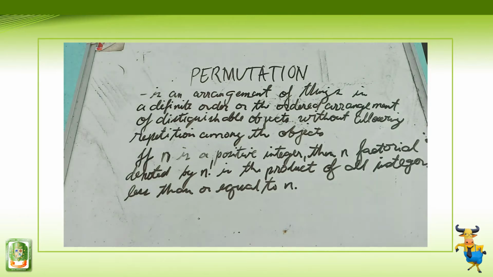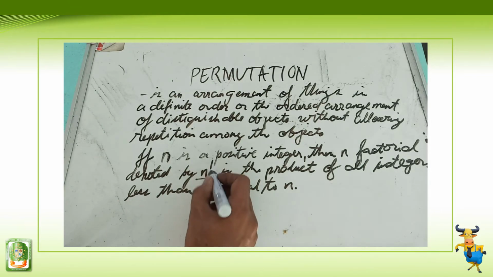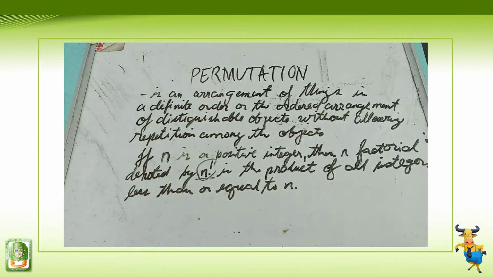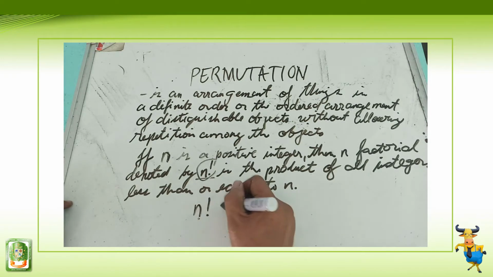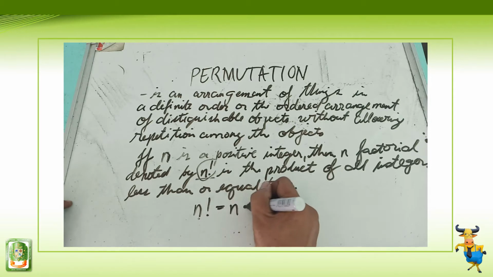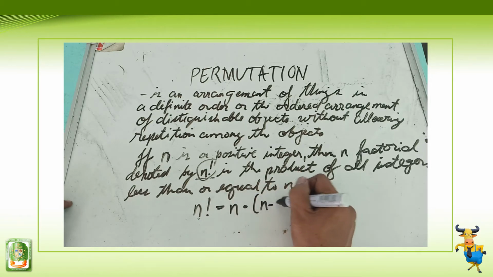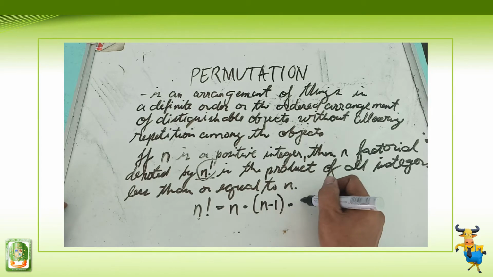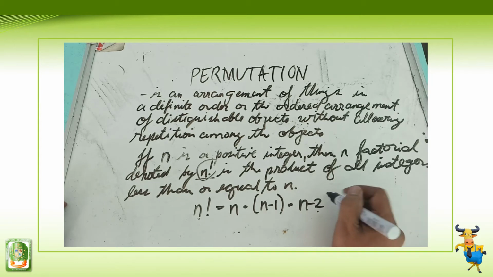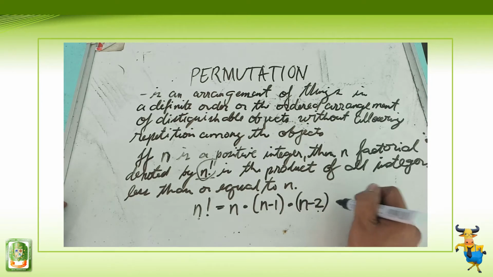Ito ang itsura niyan. So, for example, n factorial is equal to n times n minus 1 times n minus 2, and so on and so forth.